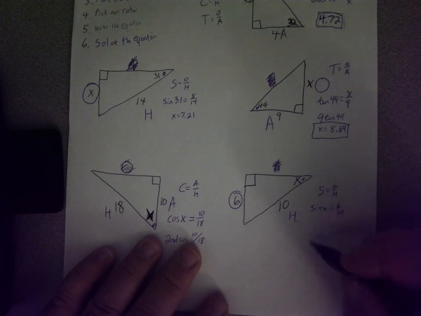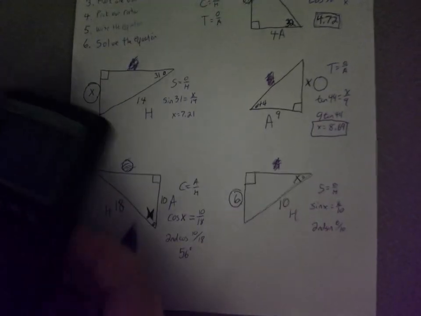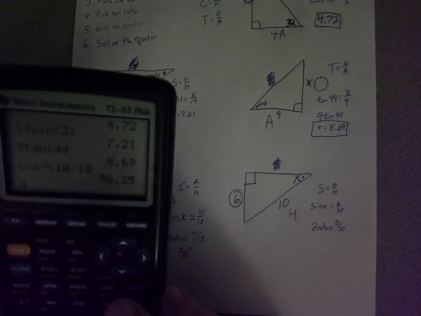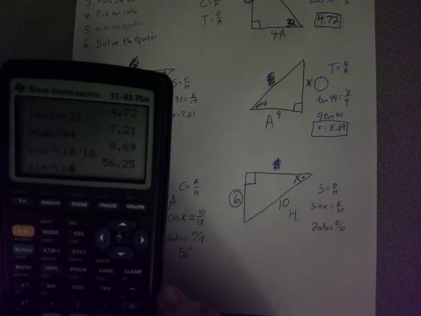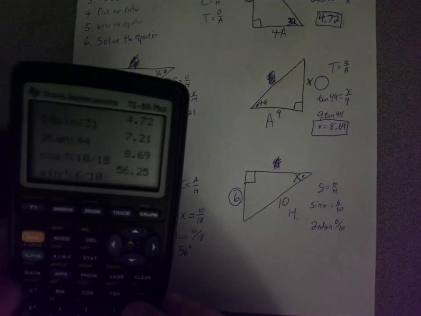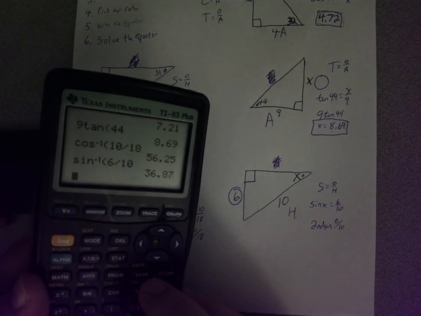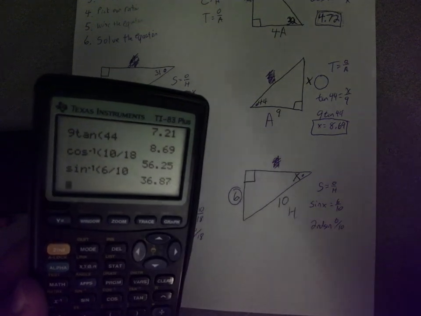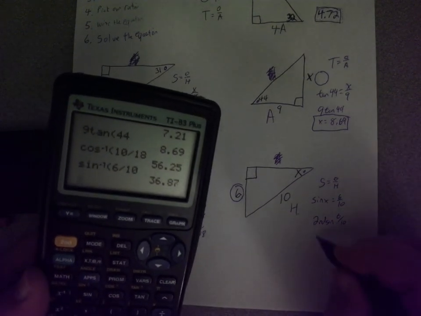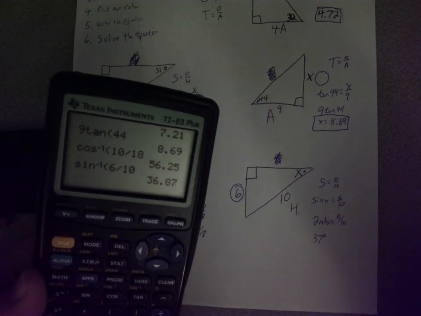And again, since it's the angle, you type second sine 6 divided by 10, which would be 36.87. I would round that up to 37 degrees.